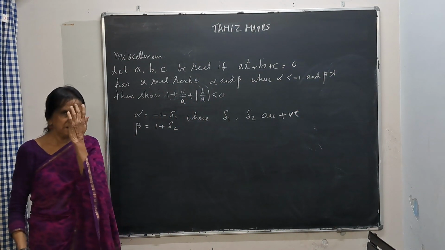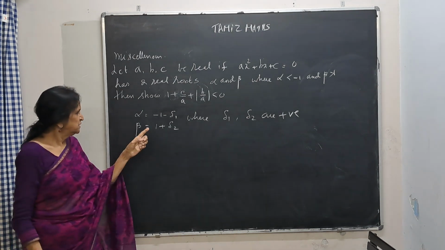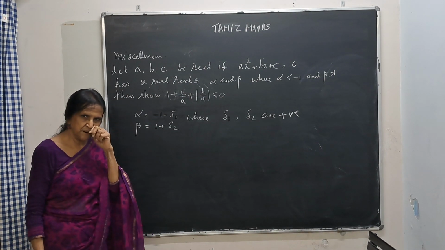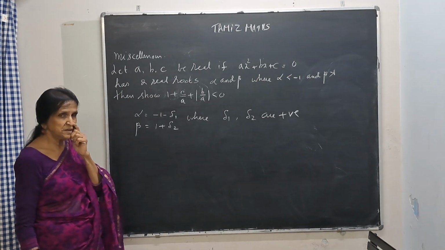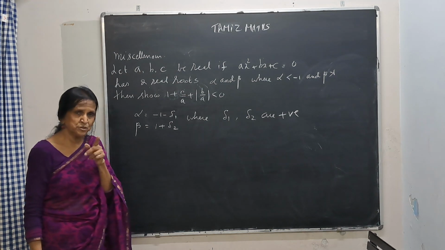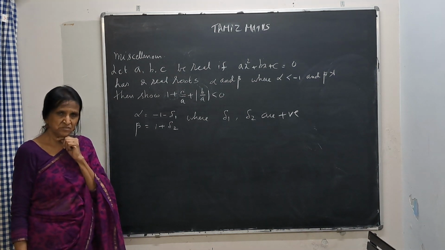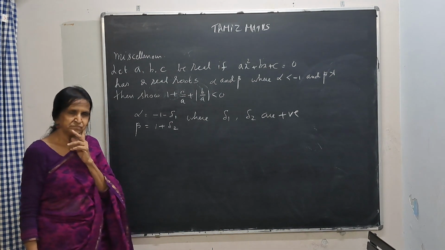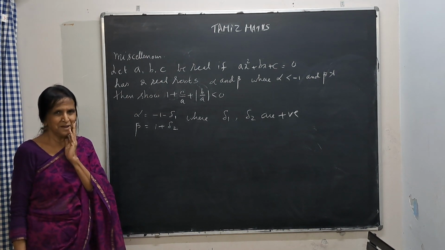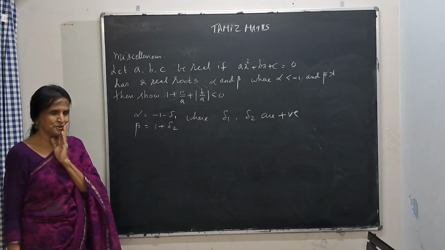If delta 1 and delta 2 are positive, won't minus 1 minus delta 1 be less than minus 1? That's what is given. And 1 plus delta 2, if delta 2 is positive, won't it be greater than 1? Is there anything, a big thing I am doing? I will never do big things at all.